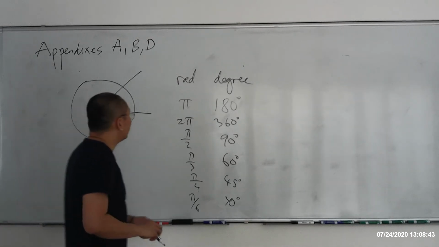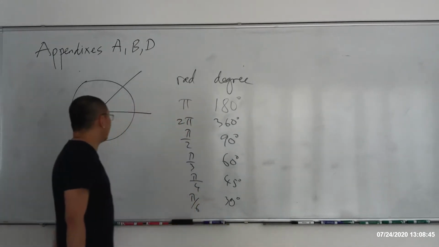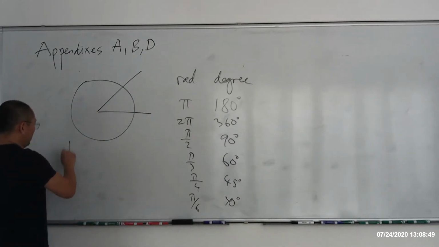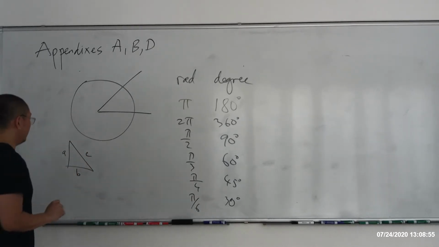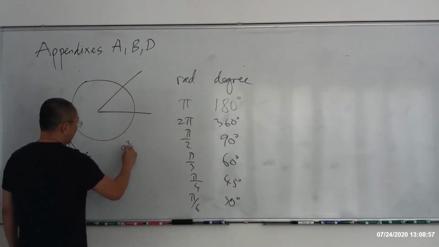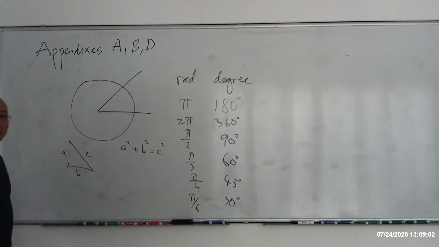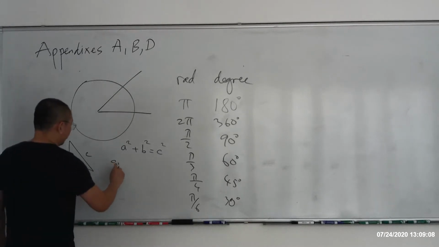Okay. And then we have some basic trig functions. You guys can start from a unit circle or the right triangle. This is A, B here, C here. Okay. So Pythagorean theorem says what? A squared plus B squared equals C squared, right? And we have technically only 3 trig functions, but we make it 6, so let's call it 6. Start with sine.